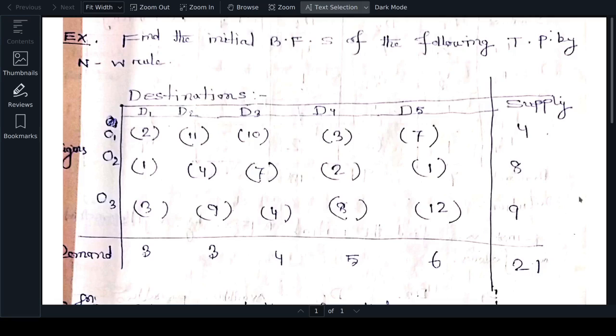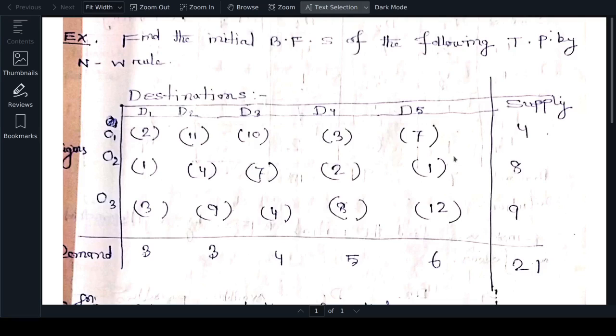So here you see, is this a balanced transportation problem or an unbalanced one? Balanced. Yes, everyone clear? This is a balanced transportation problem.